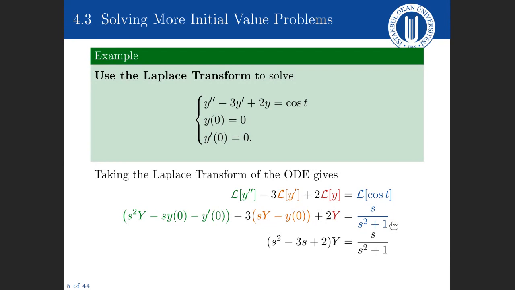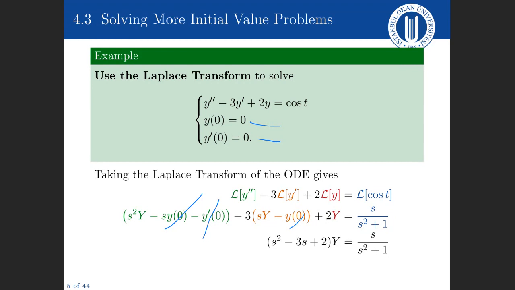Using our table of elementary Laplace transforms, we know that the Laplace transform of cos t is s over s squared plus 1. Because the initial conditions are both 0, a lot of these terms will disappear, and we're just left with s squared minus 3s plus 2, times capital Y, is equal to s over s squared plus 1.